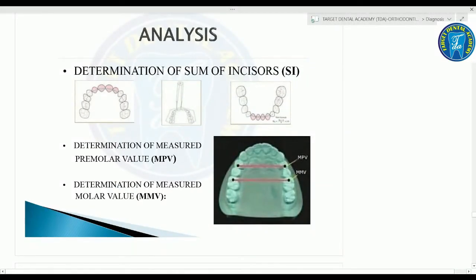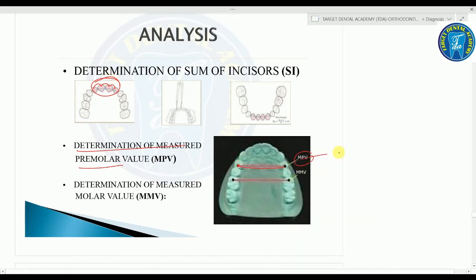Fine. So this is the analysis. In this you need to determine the sum of the 4 maxillary incisors. Next is the determination of the measured premolar value. You can measure it from the width of the arch of the premolar, from the distal pit of the upper first premolar to the distal pit of the upper first premolar.